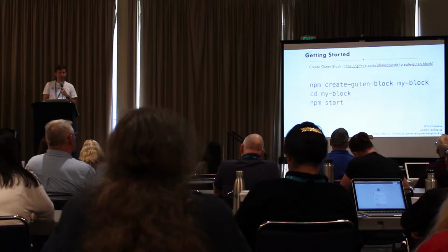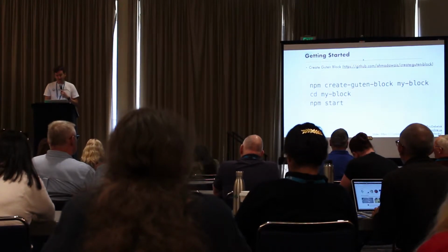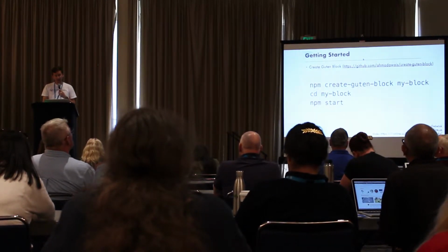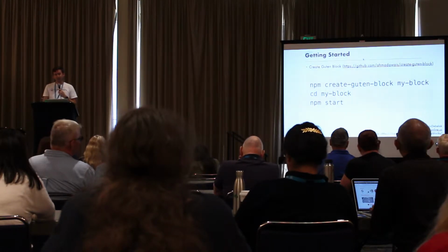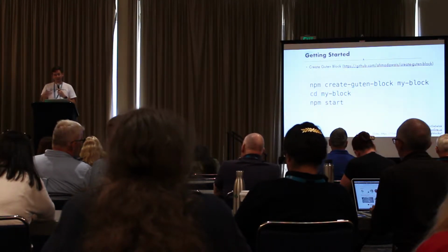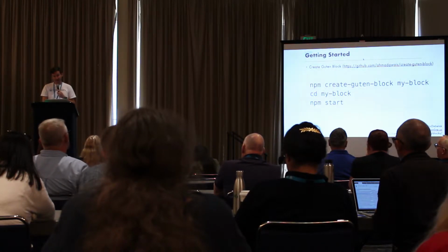If you have Node installed, you can globally install Create Guten Block, and then anywhere in your terminal you can just run npm create guten block and then name it, and it will build you a skeleton of the project, install Node modules and everything that you need for it to work.